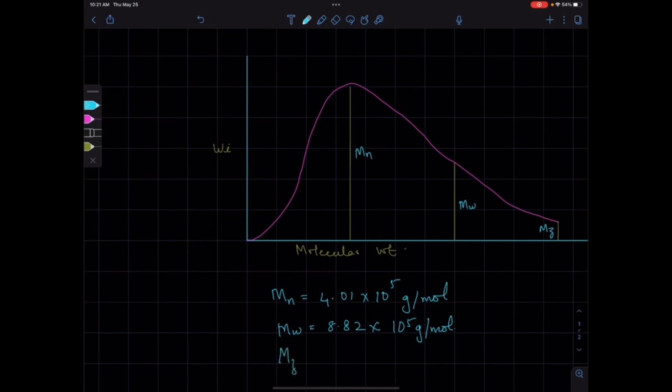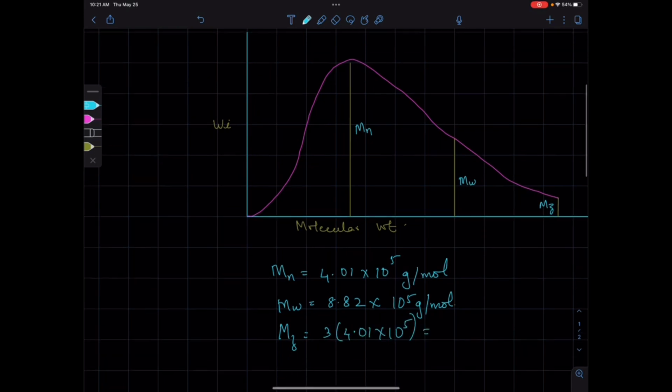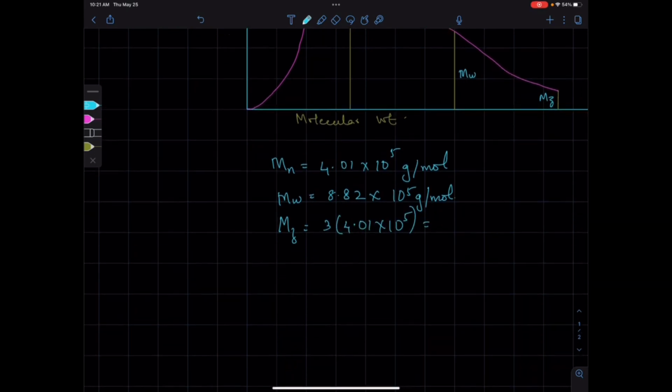So Mz will be 3 times 4.01 times 10 to the power 5, which is 12.03 times 10 to the power 5, or 1.2 times 10 to the power 6 grams per mole.